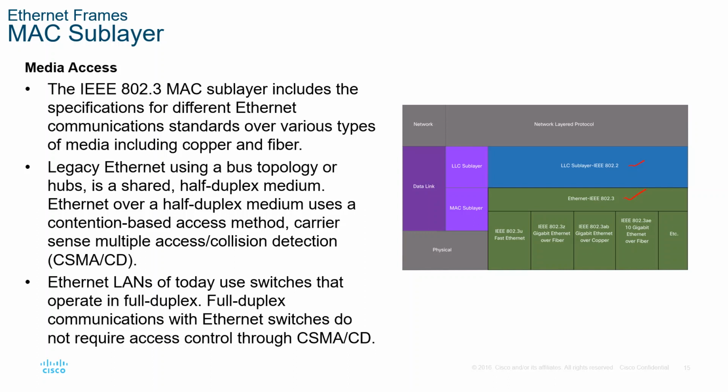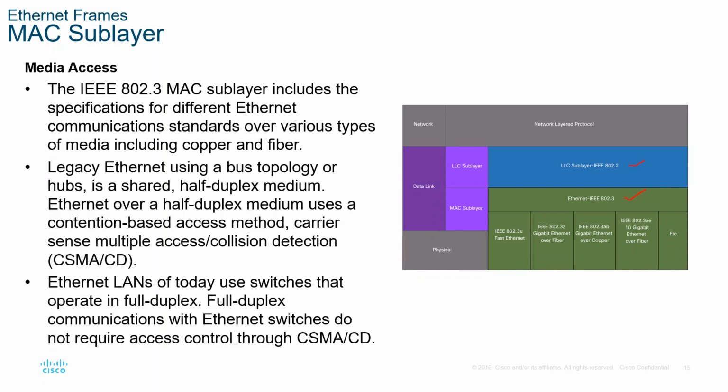So the legacy Ethernet previously used a bus topology or hubs, which is basically this device, the hub device, or the bus topology, using a half duplex medium. As we know, when the medium is half duplex, only one party, sender or receiver, can transmit the signal or the packet at one time.